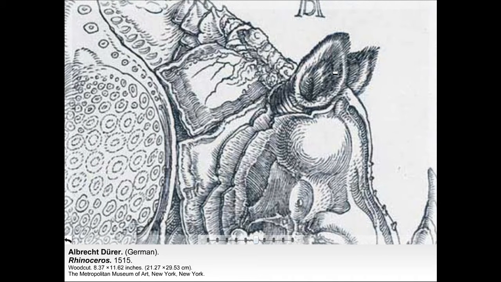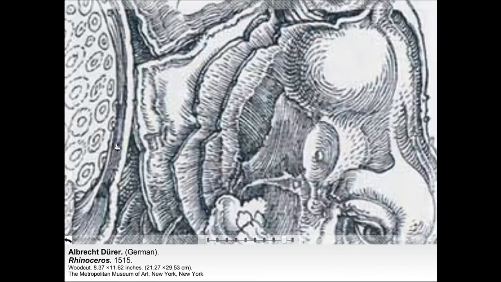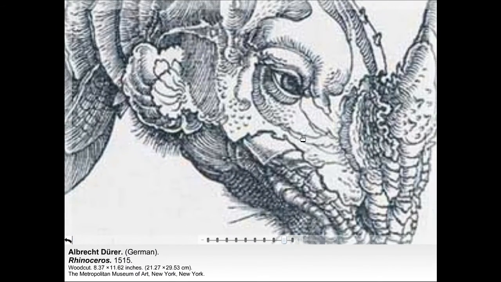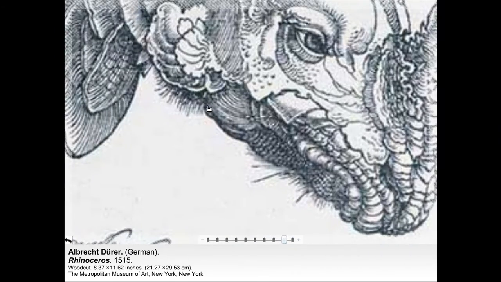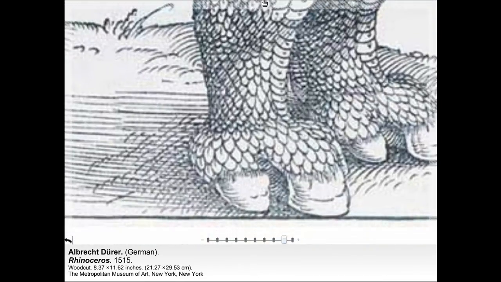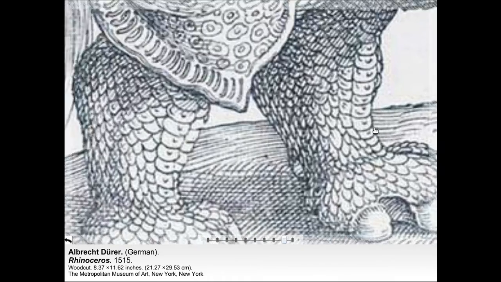Where they wanted it to look more shaded, they put the lines closer together. When they wanted it to look lighter, they spaced the lines further apart. So you can actually see the actual strokes on here. Remember that nothing is colored in, everything is created out of cuts in wood. Straight lines there. It's amazing, the detail.